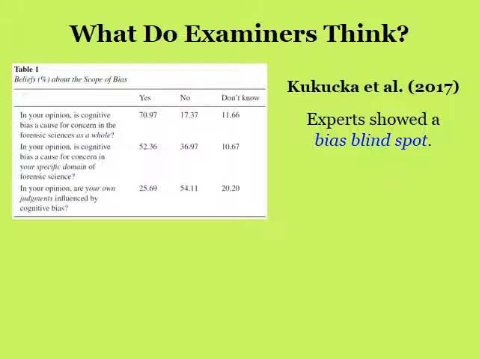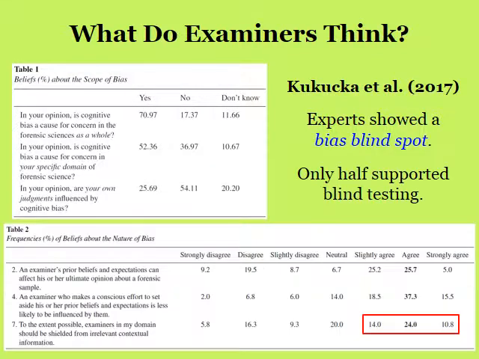The second interesting finding to emerge from this study has to do with how examiners think bias can be avoided. We asked them, do you think that forensic examiners should be protected, shielded, insulated from potentially biasing information?